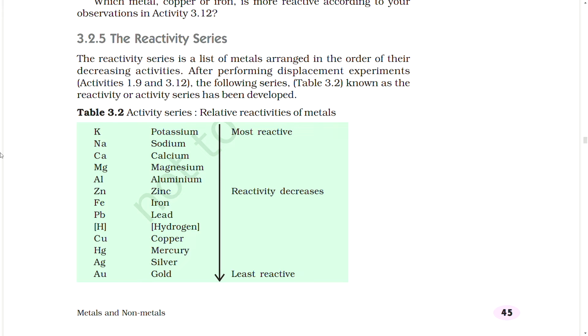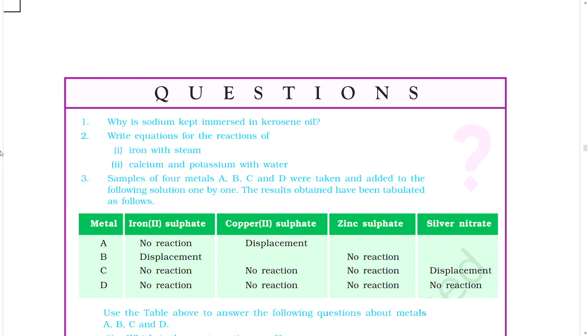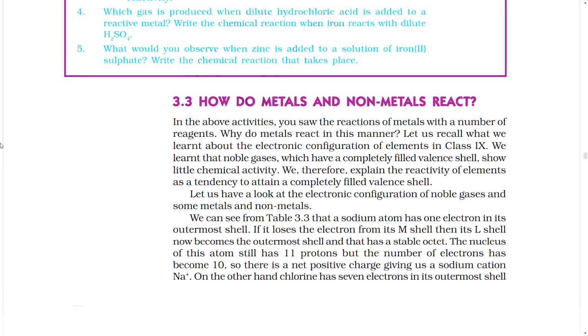K potassium, Na sodium, Ca calcium, Mg magnesium, Al aluminium, Zn zinc, Fe iron, Pb lead, H hydrogen, Cu copper, Hg mercury, Ag silver, Au gold. Most reactive at the top, reactivity decreases, least reactive at the bottom. Questions: do this and comment on this.